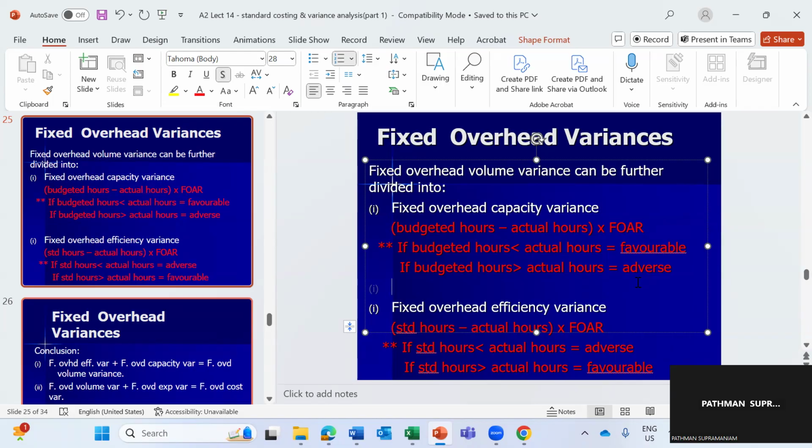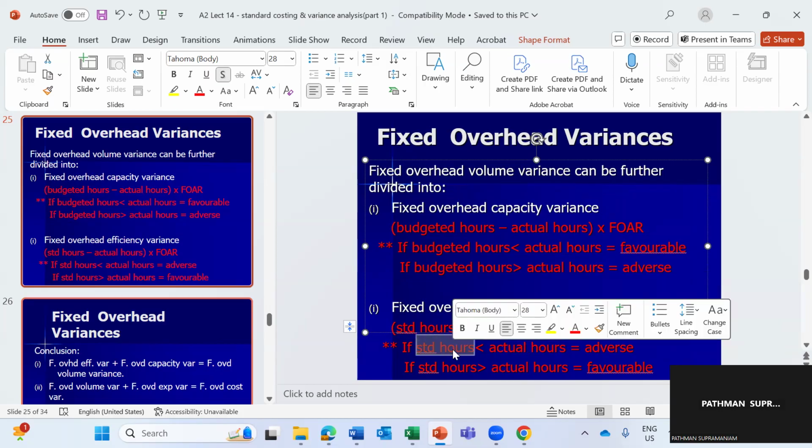And on the other hand, fixed overhead efficiency variance. How efficient were we in using the fixed overheads to make as many products as we can? If the actual hours is more than the standard hours, that means we took more time using the available resource than we should, so we can make fewer products than we planned to.